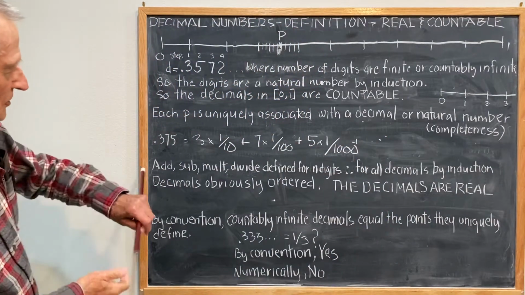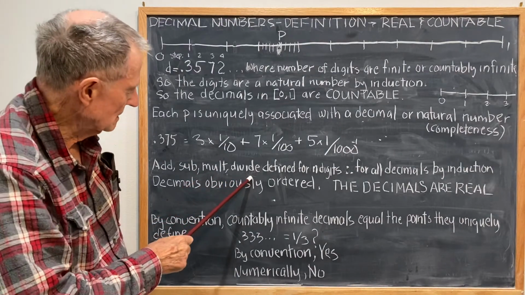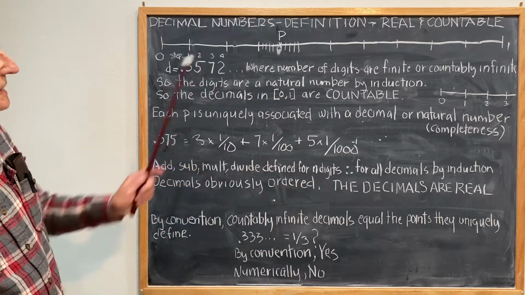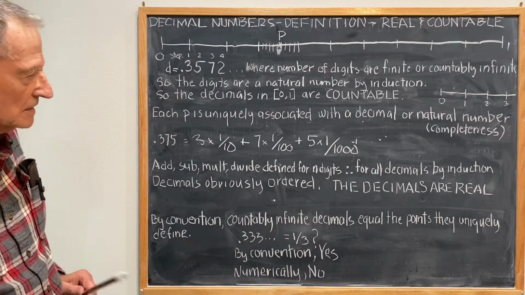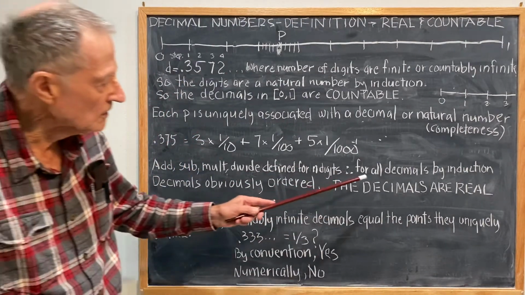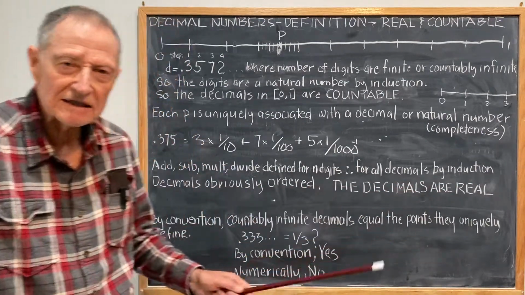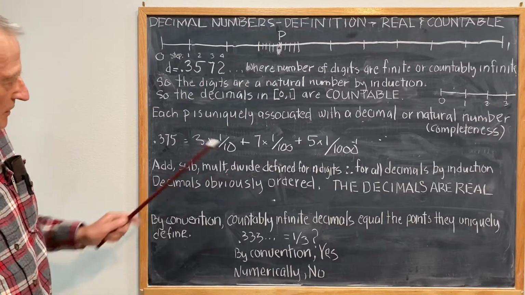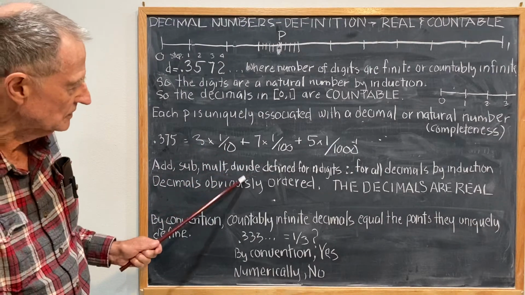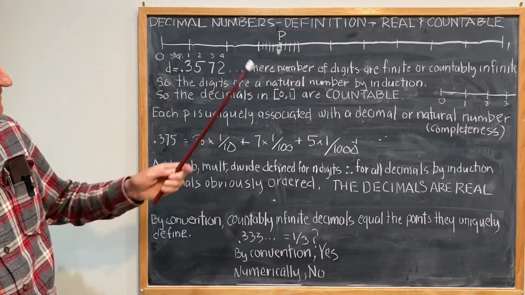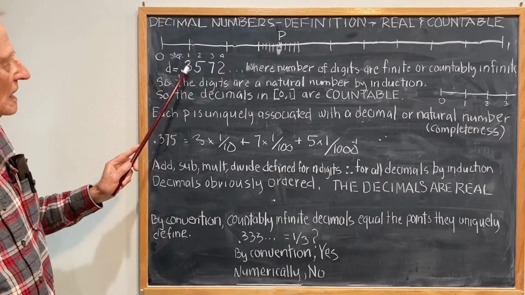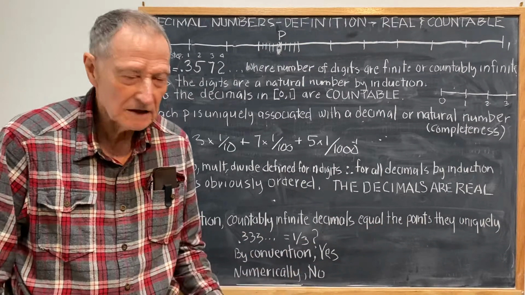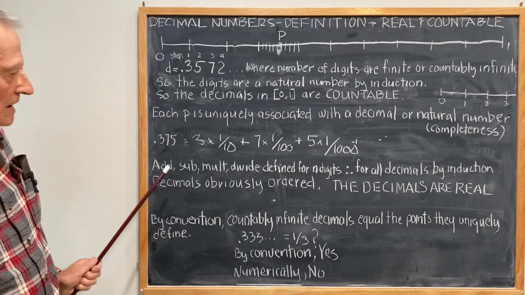Now, addition, subtraction, multiplication, and division are defined for any n digits of our decimal number, so for all decimals by induction. And again the critical property which makes addition, subtraction, multiplication, and division definable for decimals is that the number of digits in the decimal are finite or countably infinite, so that we can apply induction.